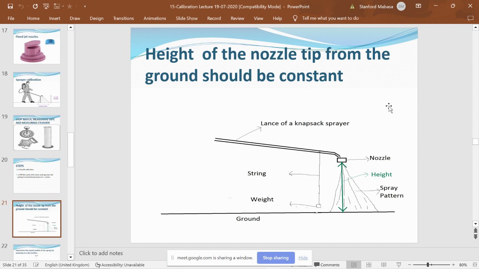So what we do, we tie a string and a weight, which gives you an idea about the height at which the nozzle should be maintained, because we want the height to be constant. But some experienced applicators may not require this string and weight to guide them during spraying.